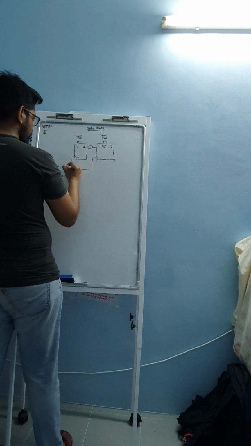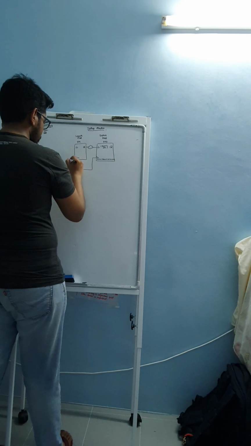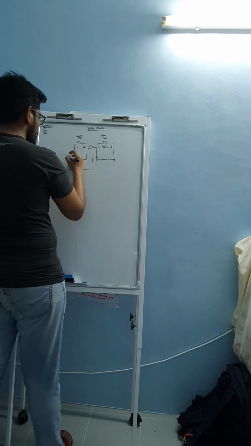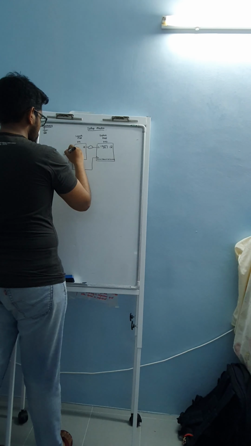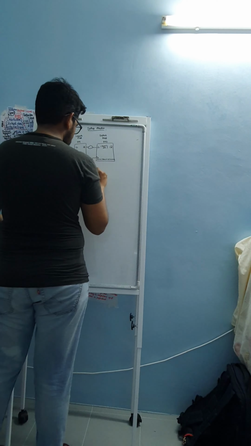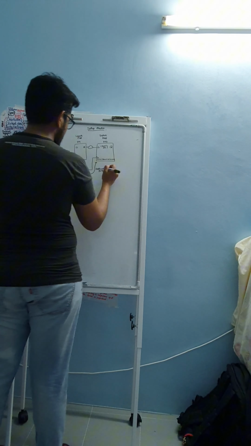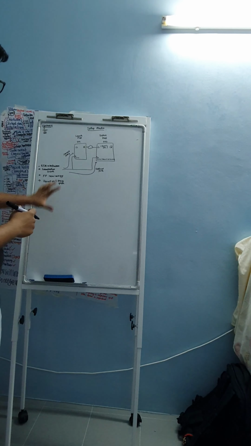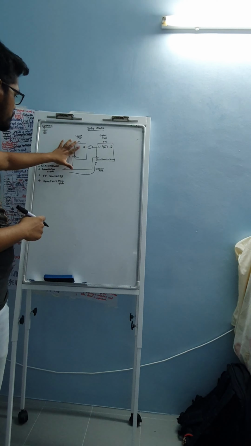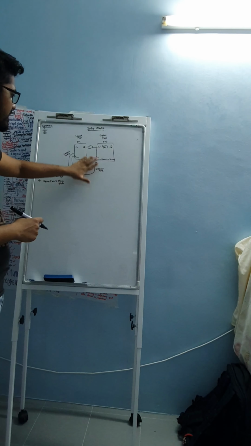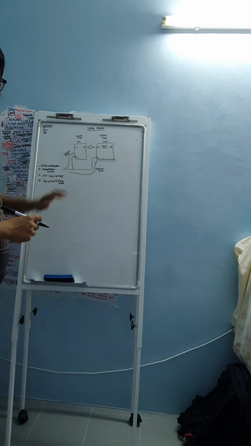Then you have to understand the flow: this is your launch path, and the flow from here to here we call the capture path. You really need to understand first what the launch path and the capture path are, and that this is the arrival time and this is the required time.